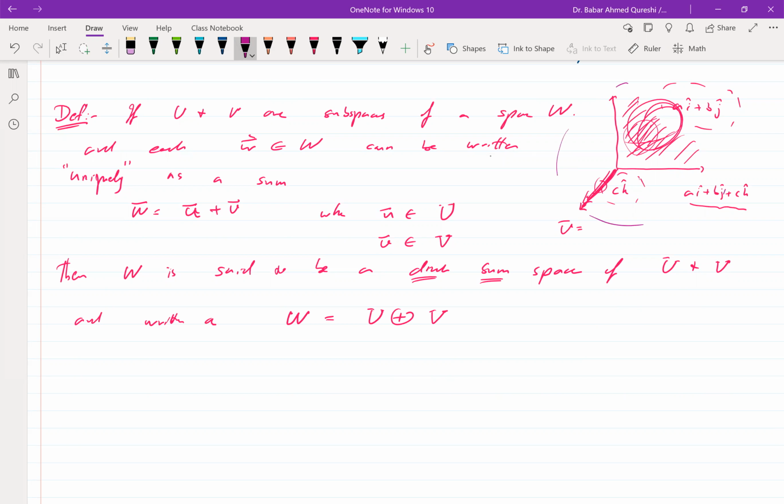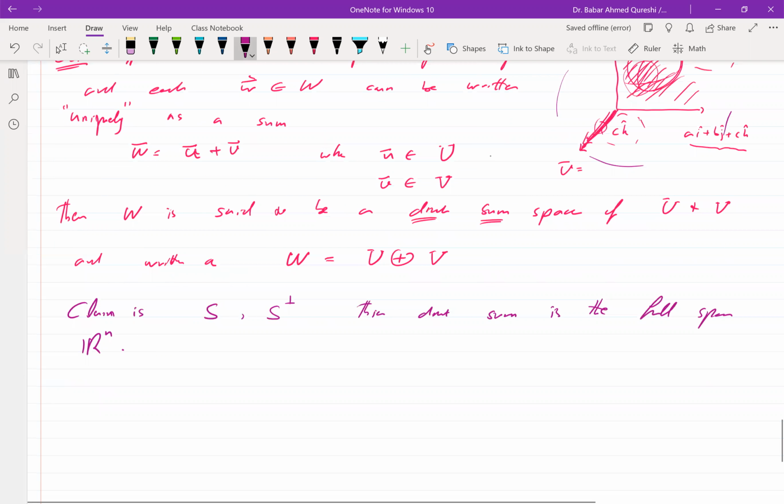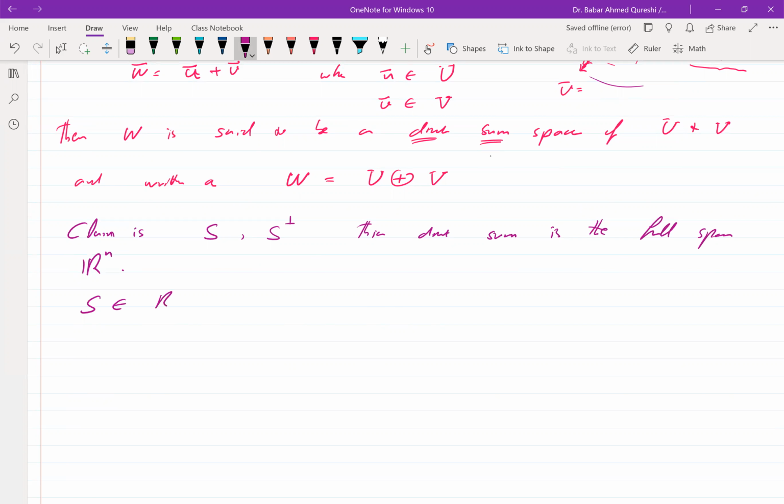Now, the claim over here is that S and S orthogonal, their direct sum, is the full space V. Well, V I'm taking to be Rn. Let's write it for this kind of space Rn. So S is a subspace of Rn.